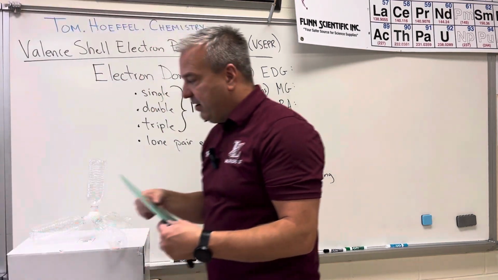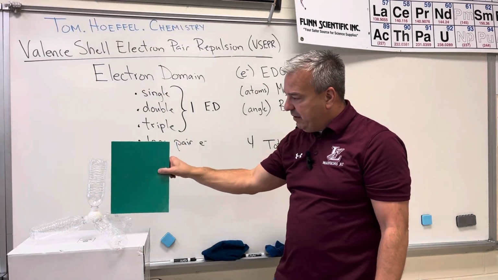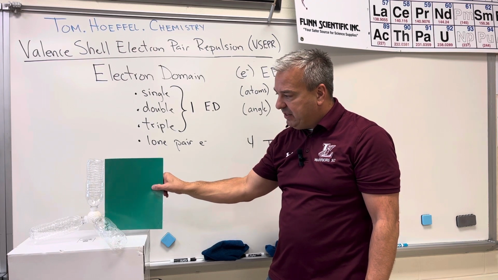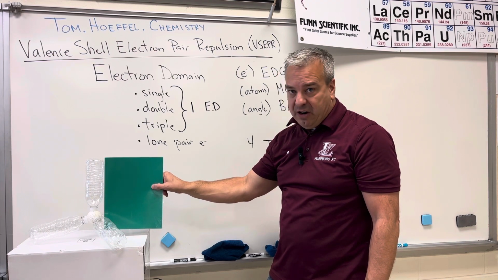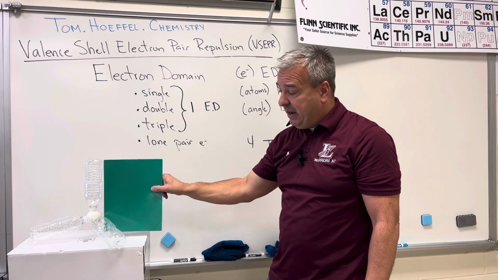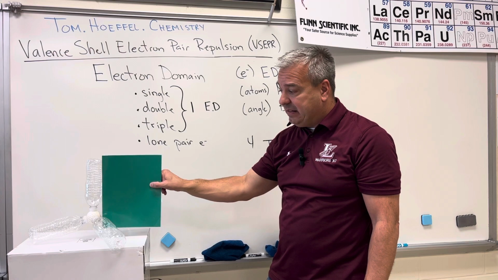Now I have this green card here to show the plane that the board is in. As you can see, there's a couple atoms that are in the plane, and there's an atom coming out of the plane, and then you've got an atom going into the plane.